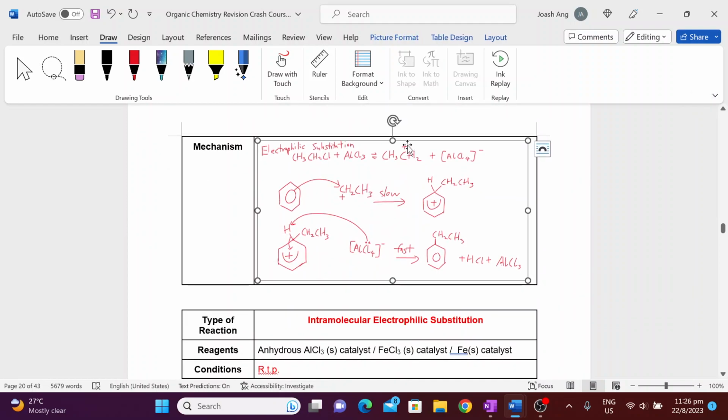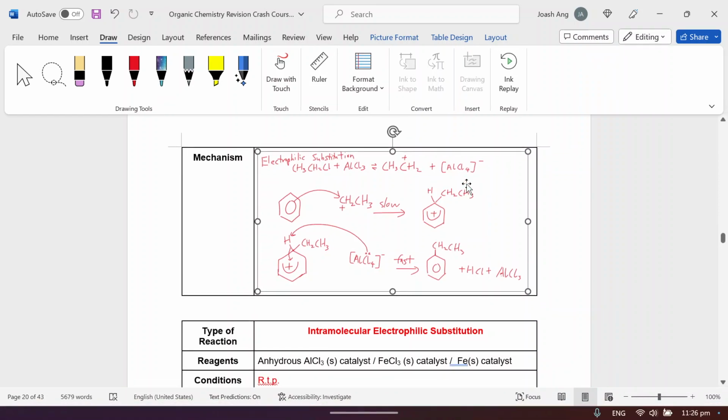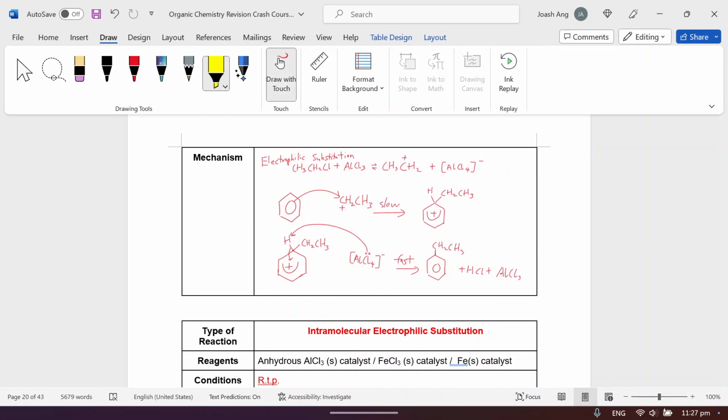Just take note that the positive charge must be on the carbon that is positively charged. And you can see over here that the circle is facing towards the carbon that is tetrahedral. So this is the carbon that is tetrahedral right here.